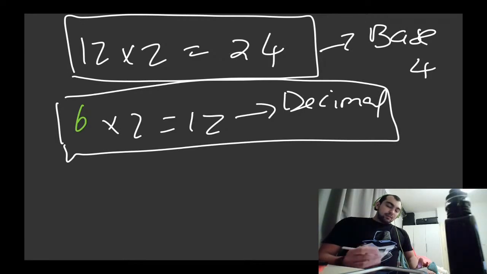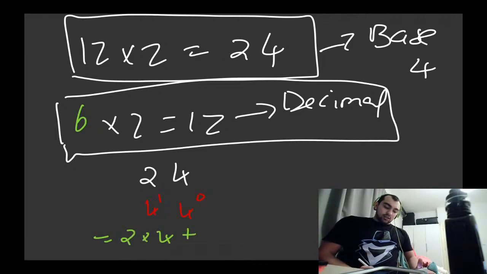Now if you do the same thing with 24, where you figure out what this is in decimal, you have your 4 to the 0, your 4 to the 1. 4 to the 1 is 4, so 2 times 4 plus 4 times 1, which is 12.